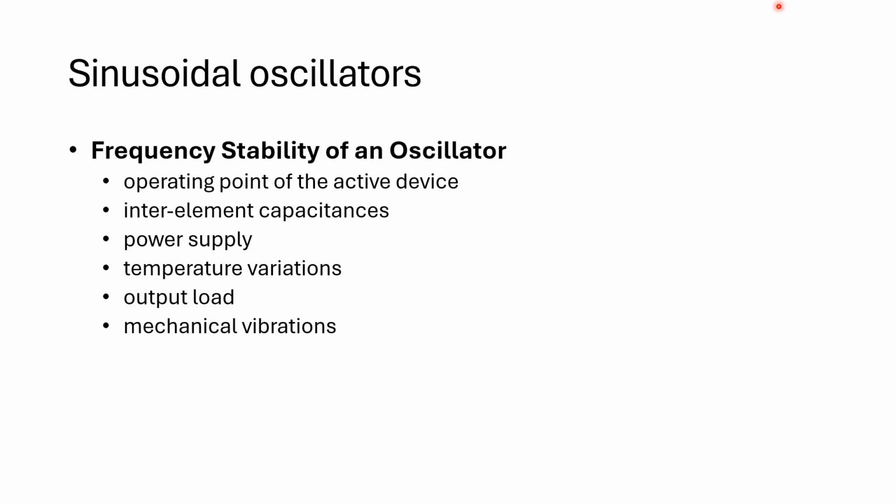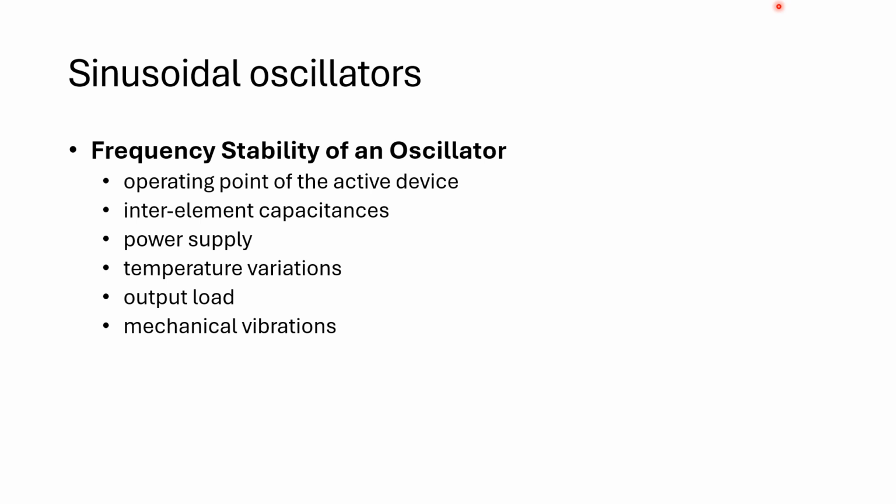Number two, we have the inter-element capacitances. We have already discussed the inter-element capacitances. Any changes in the inter-element capacitances, particularly the collector-to-emitter parasitic component, can cause changes in the oscillator output frequency.